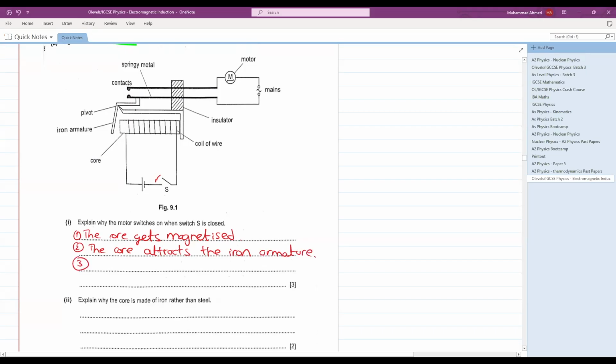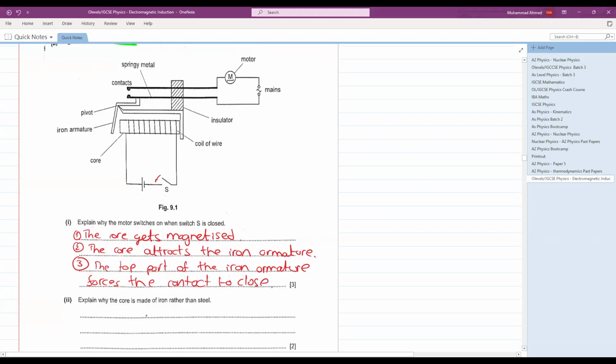The top part of the iron armature forces the contact to close.